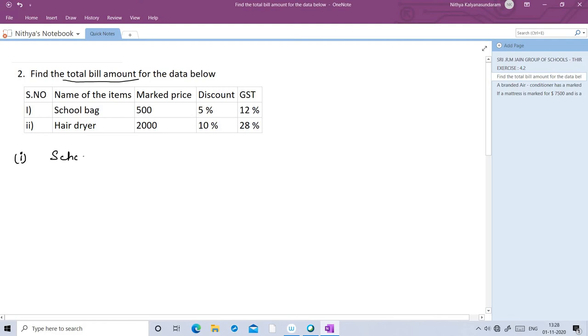School bag is equal to marked price, MP in short form, into 100 minus discount, divided by 100.